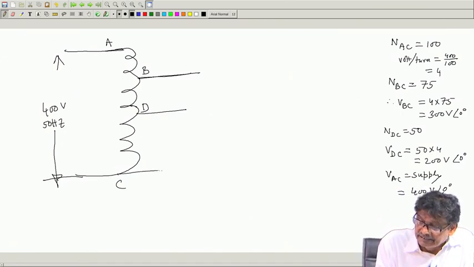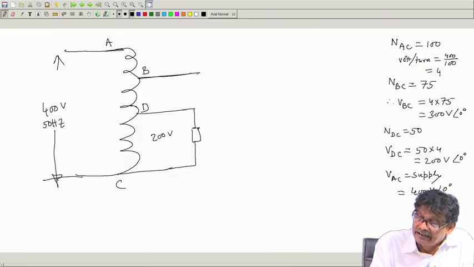Now, I say that I will connect load here. So, here you will get 200 volt and here you will get 300 volt.